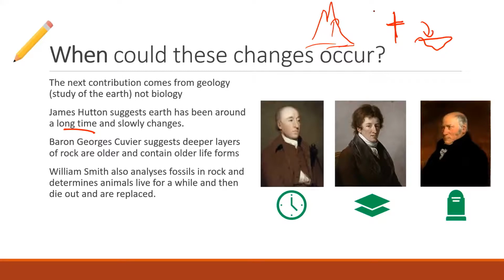But James Hutton says no, these things occur over a very long time. In fact, he starts to say the Earth's probably older than 6,000 years, probably more like millions of years old. And so people start to go, okay, that's very different from what we've been thinking.